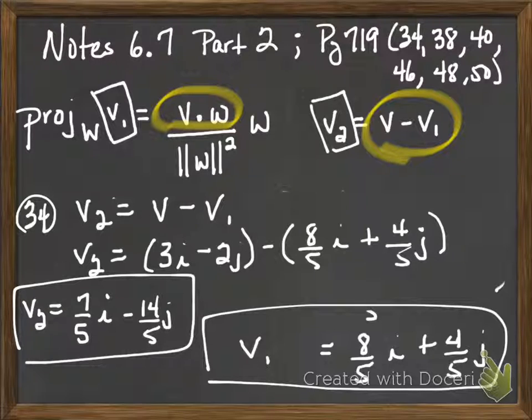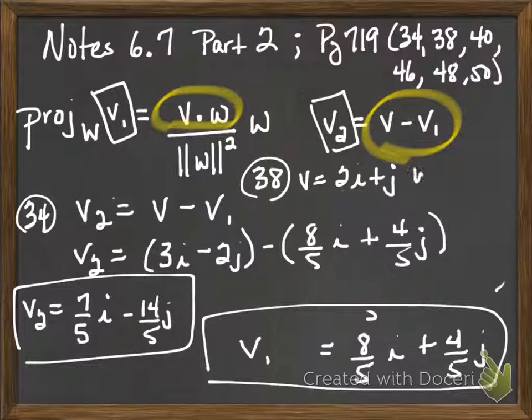All right, you try 38 on your own, okay? I'll give you the original vectors. So for 38, if you're not looking at your book, vector V is 2I plus J, and vector W is 6I plus 3J.